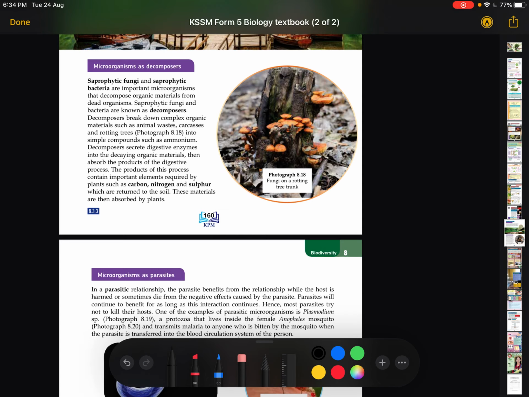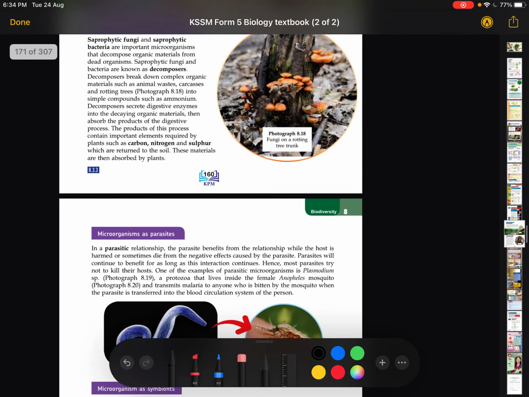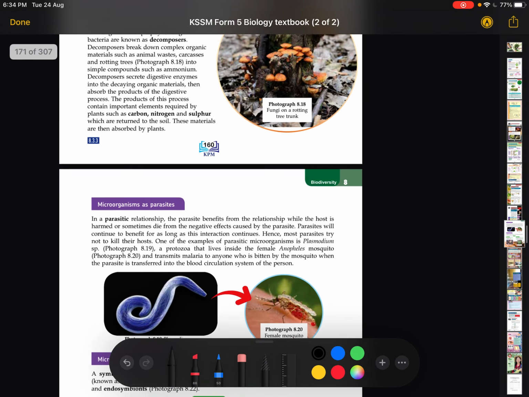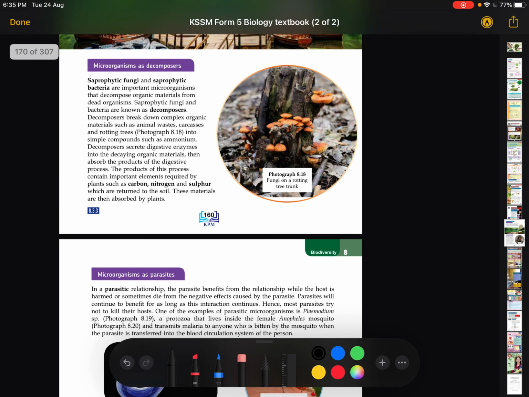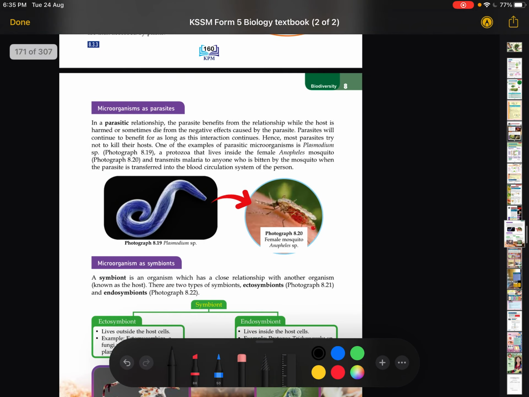These decomposers secrete enzymes, and the enzymes break down the organic materials into simpler materials, and then they absorb it. They don't just make ammonium, by the way. They can also make carbon and sulfur.